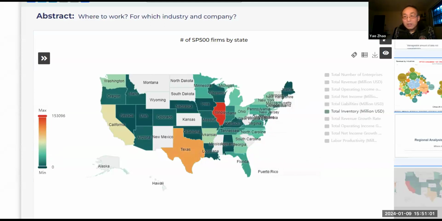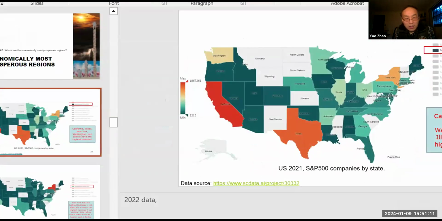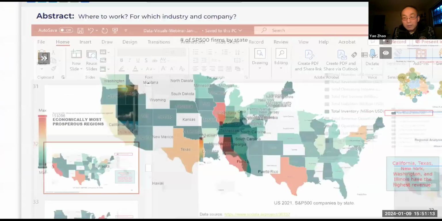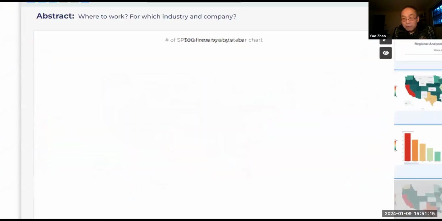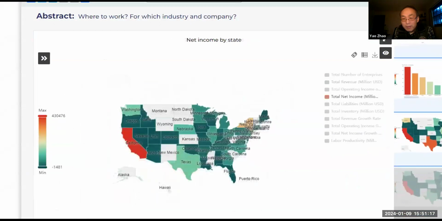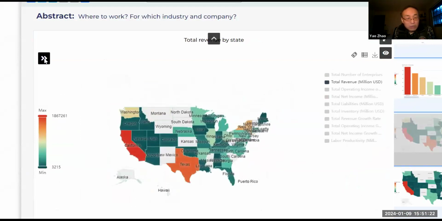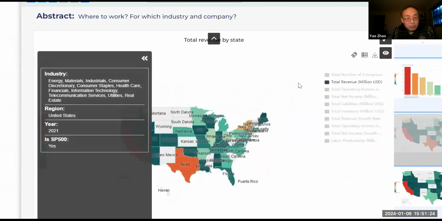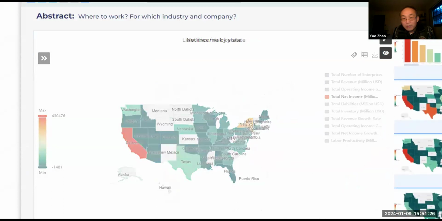Now suppose you are more interested in specific industries. You're not interested in the general economy, but more specific industries. Let me go a few more. Oh, this is still everybody.